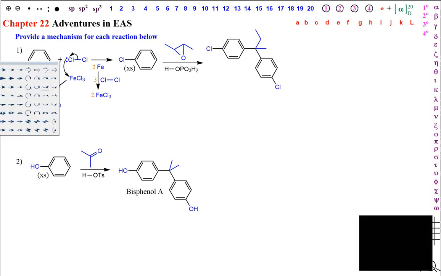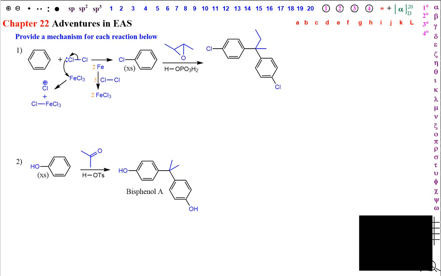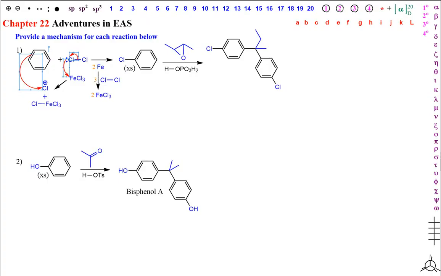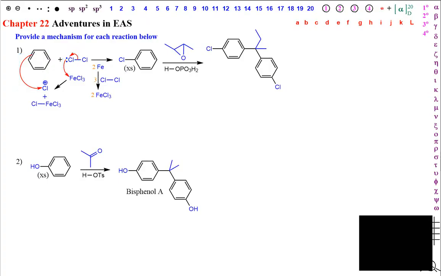Chloronium ion will react with the benzene. I want to put the chlorine on this carbon, so I'll choose a carbon that has a pi electron to that position, and I'll choose a better arrow. This will generate an intermediate that looks a lot like our final product, but it doesn't have this pi bond anymore.